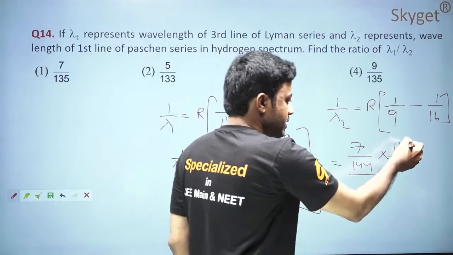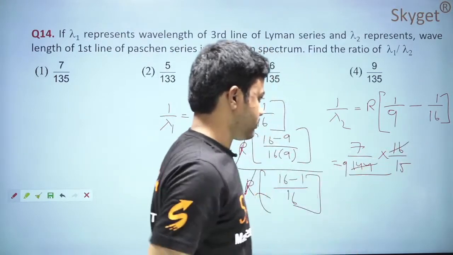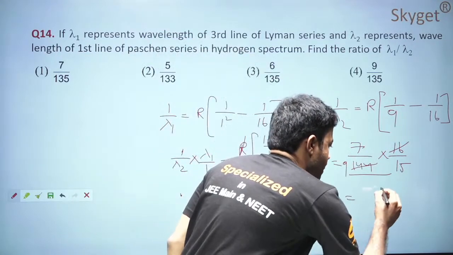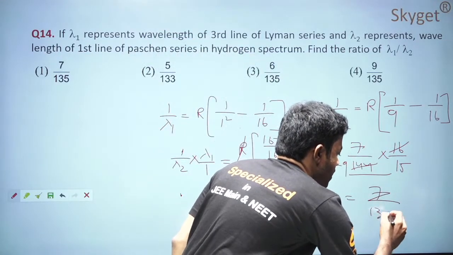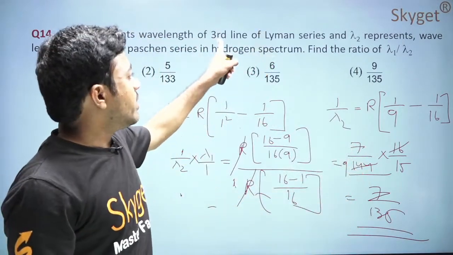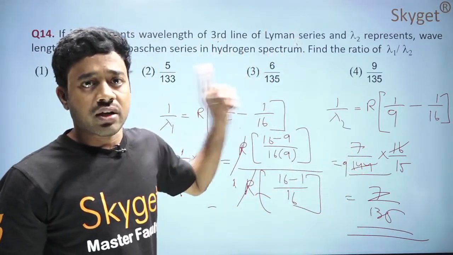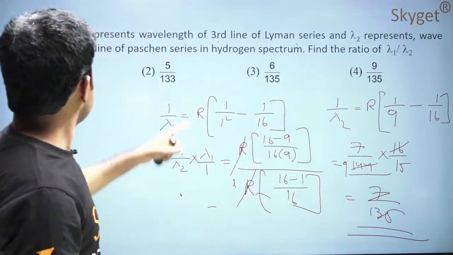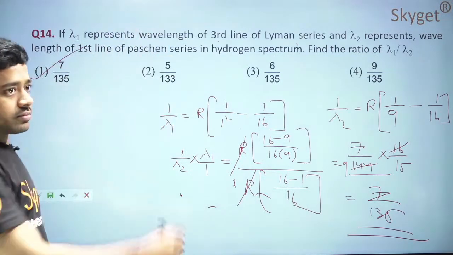By cancelling 16 nines 144, it is 7 by 9 into 15, that is 7 by 135. So this is the ratio of the wavelengths of the third line of the Lyman series and the first line of the Paschen series, that is 7 by 135. So here it is option 1.